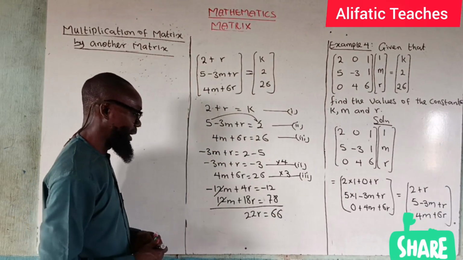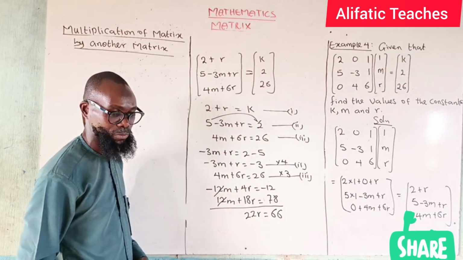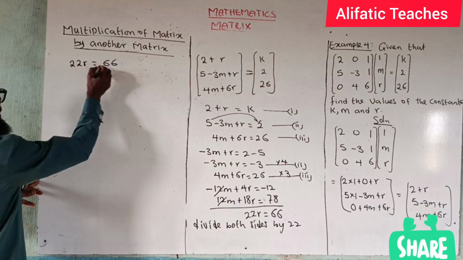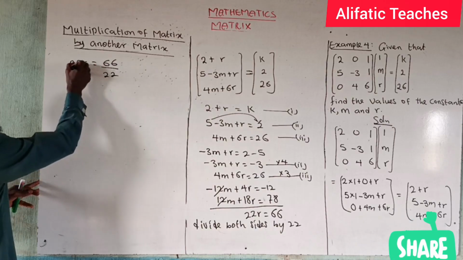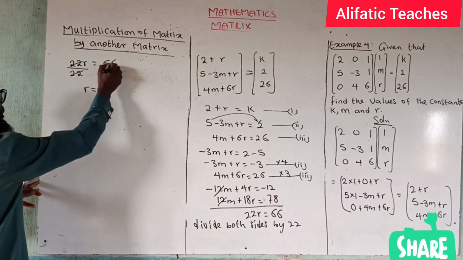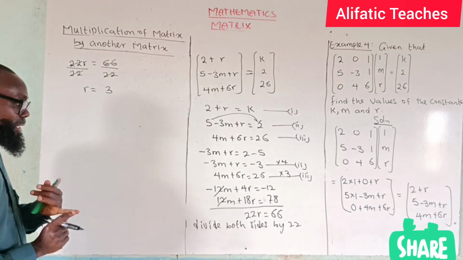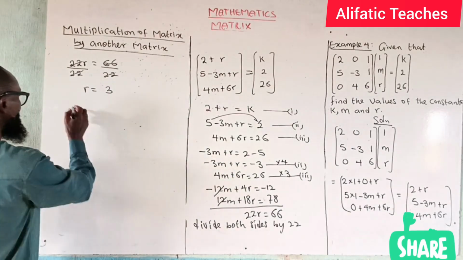That is 66. Now to calculate my r, I have to divide both sides by 22. So in this case, 22r is equal to 66, divided by 22, divided by 22. This cancels this. r equals to, we have 3. When you press the calculator, you get 3. I've got my r. Then I can get my m by substituting into any of this equation.